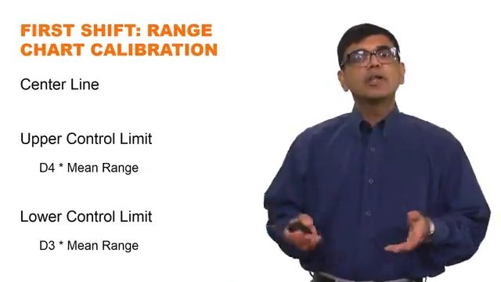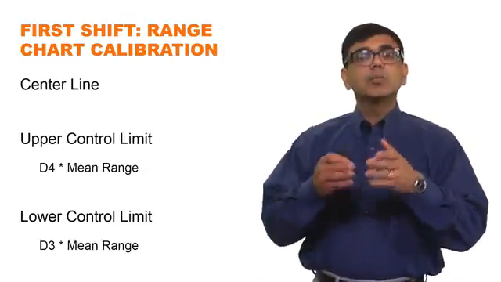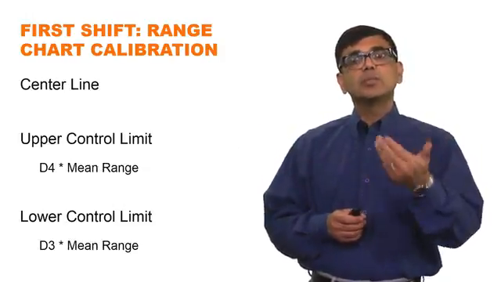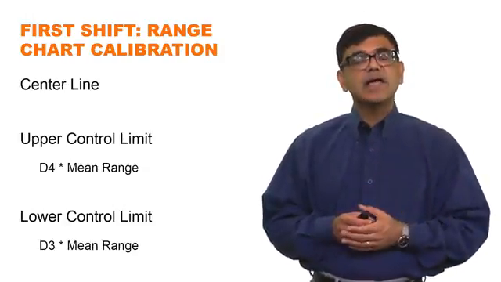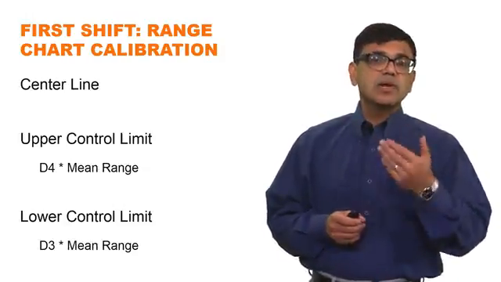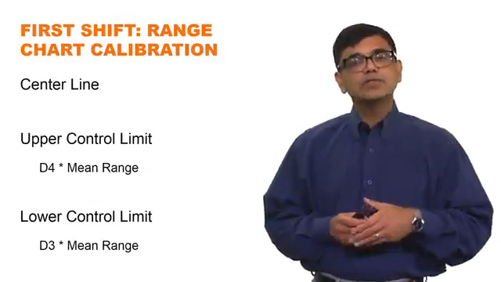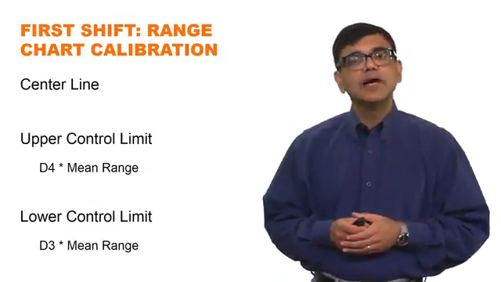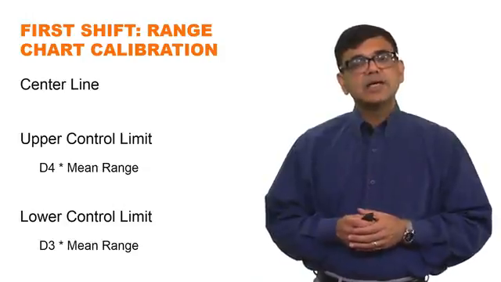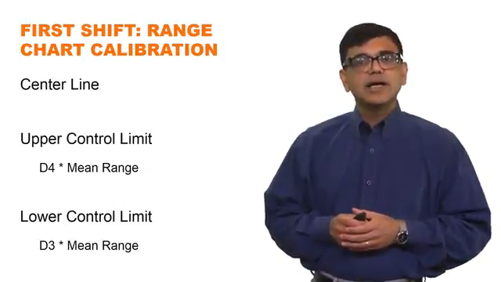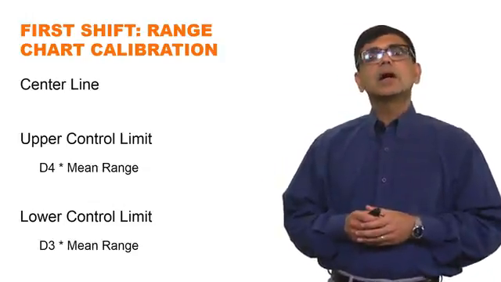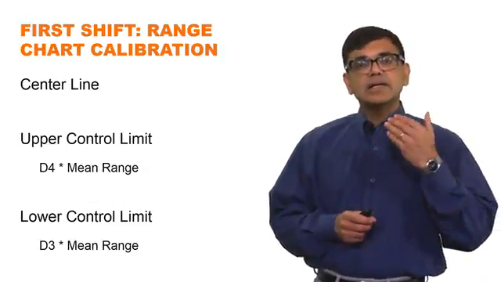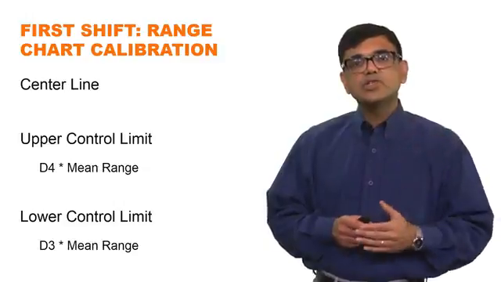So if you wanted to get practice into what the complete data set would look like, and then be able to calculate the averages and from that the control limits, and even practice drawing the control charts, you could possibly do that as well based on the data that's provided to you in addition to what's being provided in the problem. All right, so let's start with shift 1, and let's start with the range chart for shift 1.